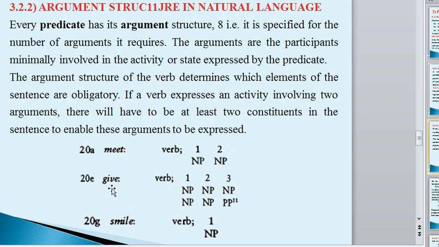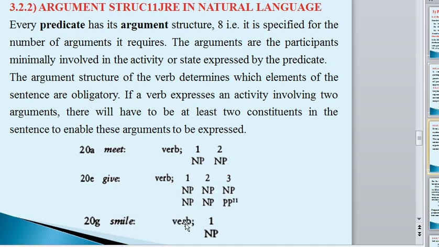Look at the second one. For example, the verb give. This kind of verb needs 3 kinds of arguments. I mean the subject NP, the direct object NP, and the indirect object NP. You see, it needs 2 kinds of object. Okay, we call it a ditransitive verb because it needs 2 objects. And the last one, look at the verb smile.